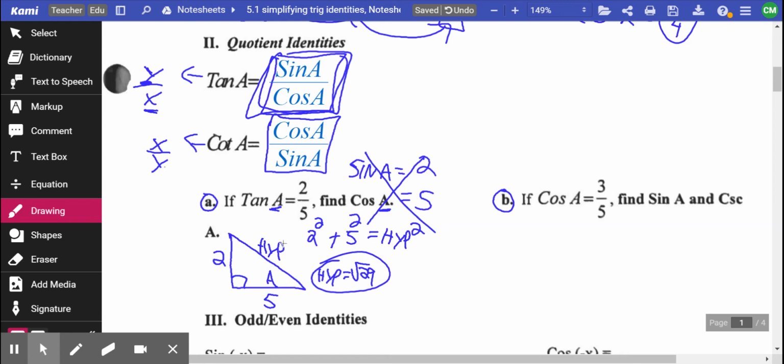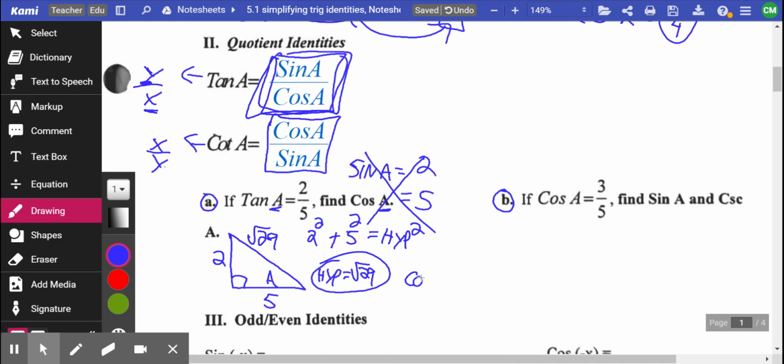I'll erase where I have hypotenuse, and I'm going to put square root of 29 in here. Now to do cosine of A, we just use SOHCAHTOA. Cosine is adjacent over hypotenuse. So the adjacent of angle A is 5. The hypotenuse we figured out is root 29. So this is 5 over root 29.